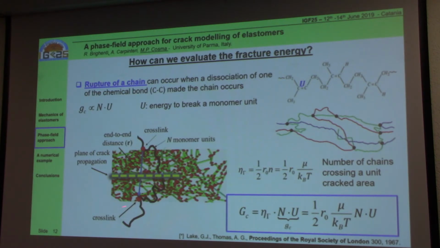We can consider a chain inside the volume of the polymer, inside its network. This chain is crossing a plane of crack propagation, and we can evaluate the fracture energy of the material by multiplying the so-called fracture energy of a single chain times the number of chains crossing a unit cracked area.